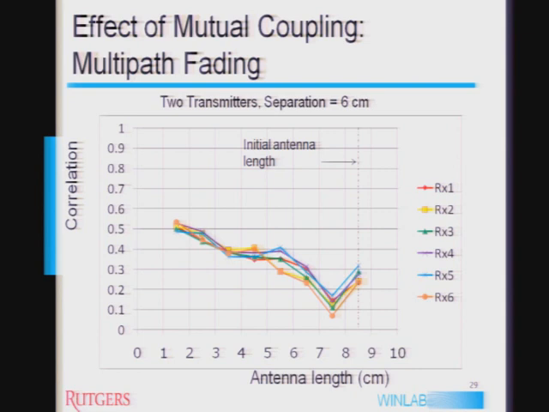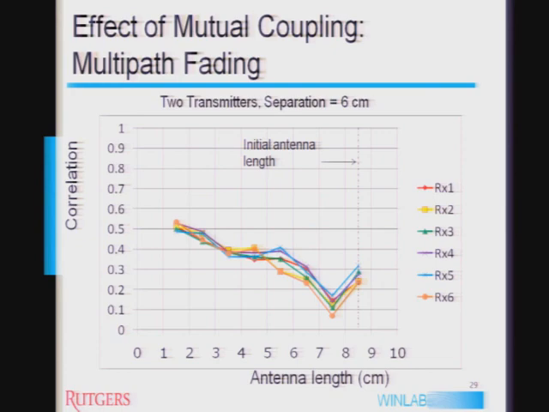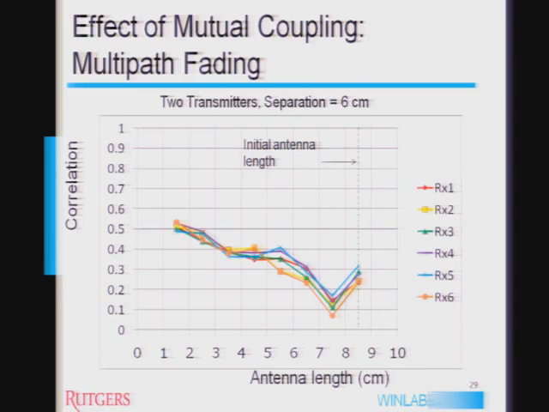So these were really very small antennas. Did you snip both antennas or just one? Both antennas. In fact, I've also looked at the trend when only one of them is snipped, and when the difference between the two antenna lengths is about a centimeter. It still follows a similar trend. In fact, I can show you the graph.